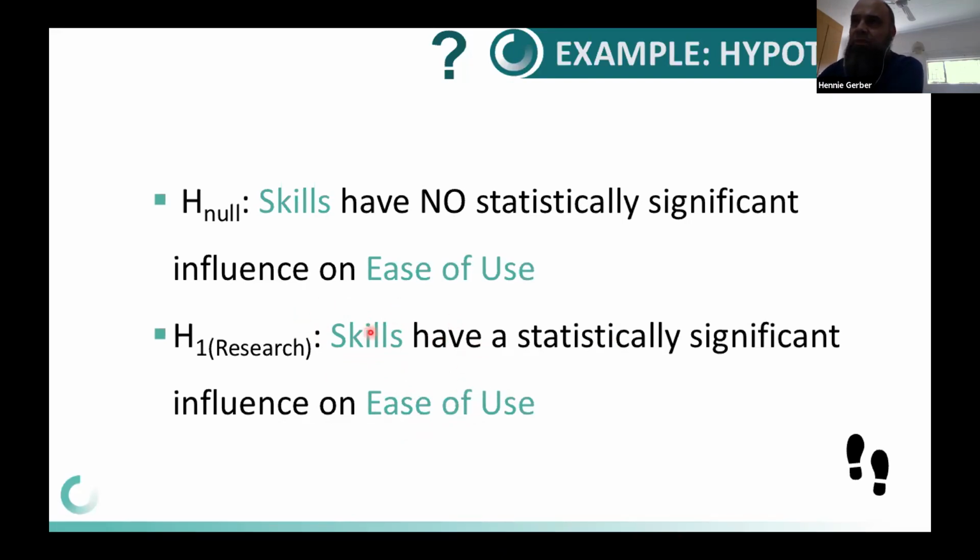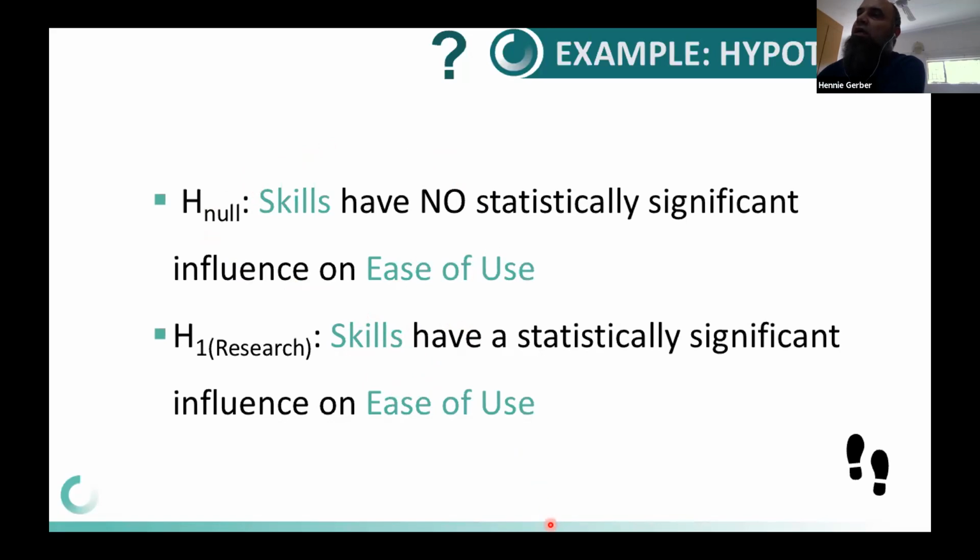This is testable in this case by a simple linear regression to see the influence of skills on ease of use. And then it's falsifiable because we will be able to falsify the null hypothesis. So all three criteria are in place.